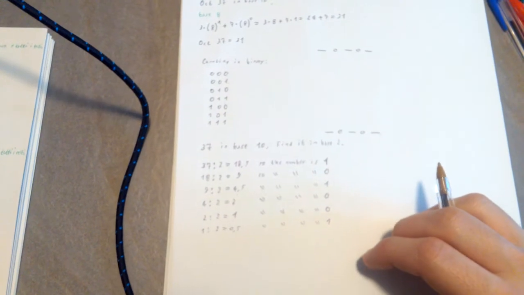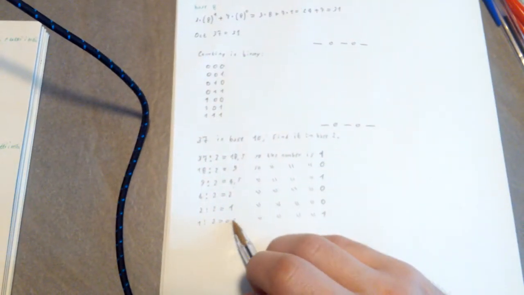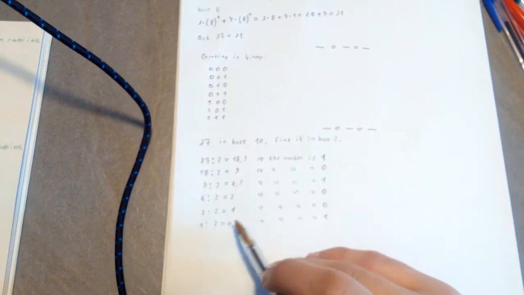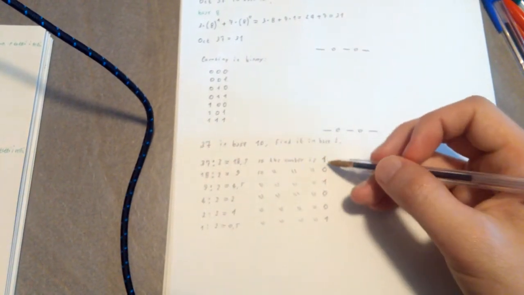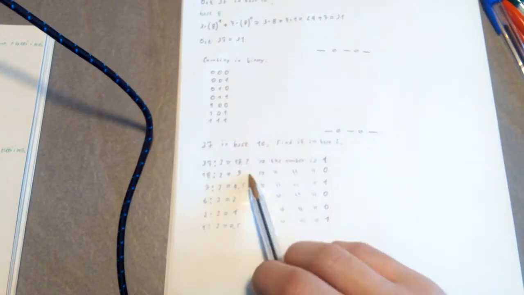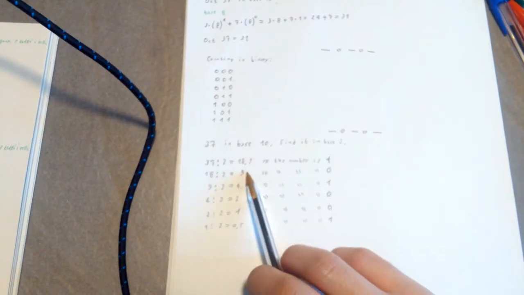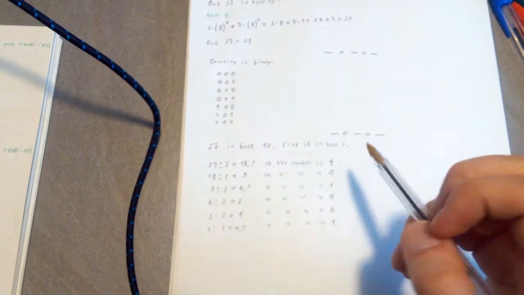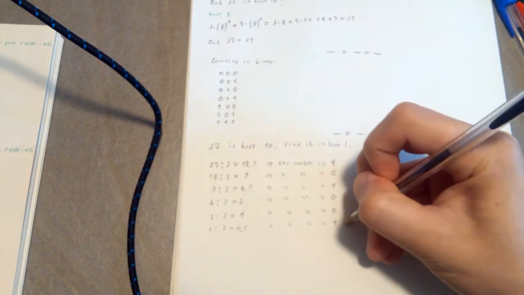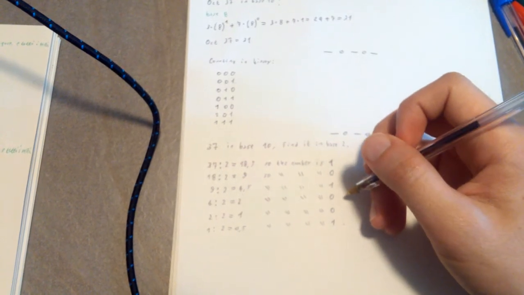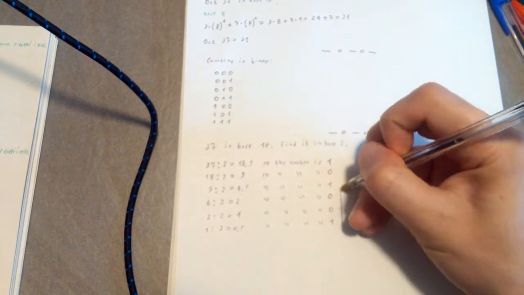Okay. We don't go any farther because it will be 0. So we divide by 2 and we write the numbers. If it has a point something, then it's going to be 1. If it doesn't, then it's going to be a 0. And then we read them in the opposite direction, so we read them upward.